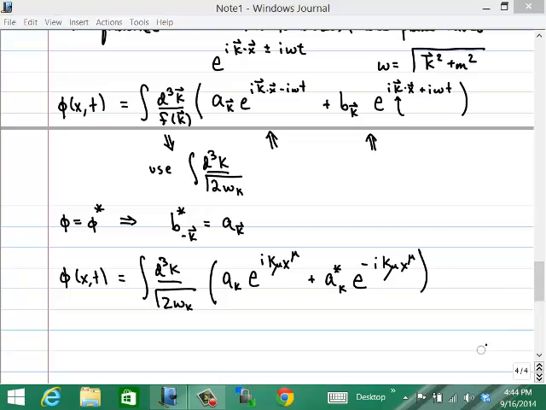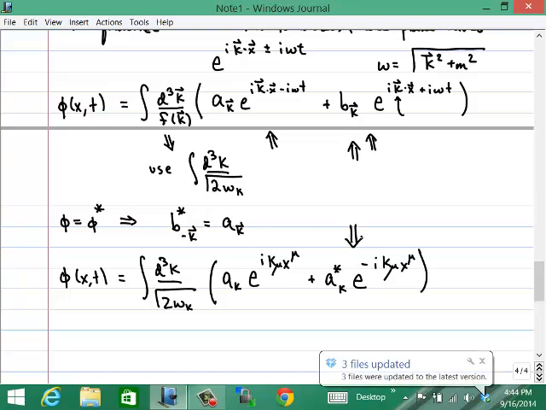In going from this expression to that expression, I've done a change of variables where k goes to minus k. Because you would think that this would be A star of minus k, so I just did a change of variables from k to minus k, which introduced this minus sign right there.